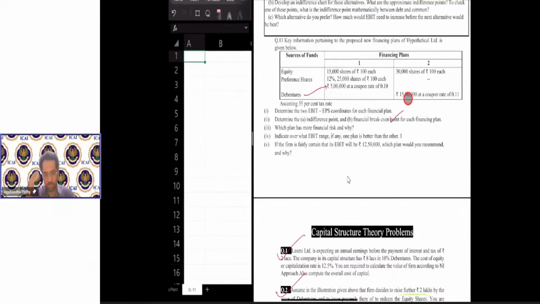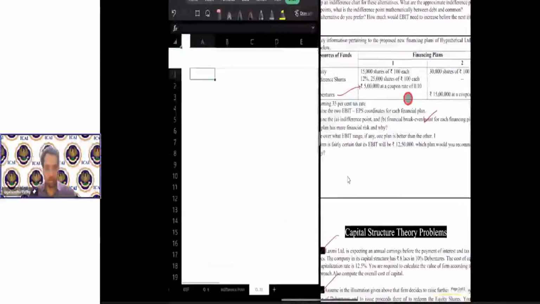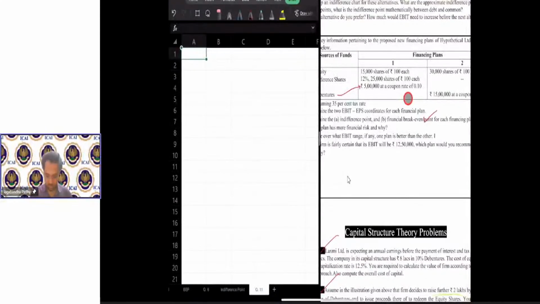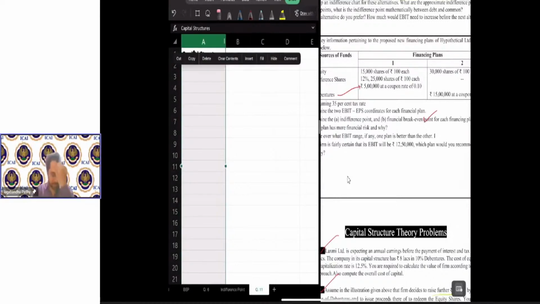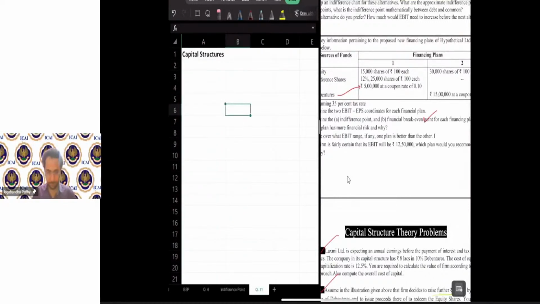So let me just write down the capital structures. We have got two plans, plan 1 and plan 2.